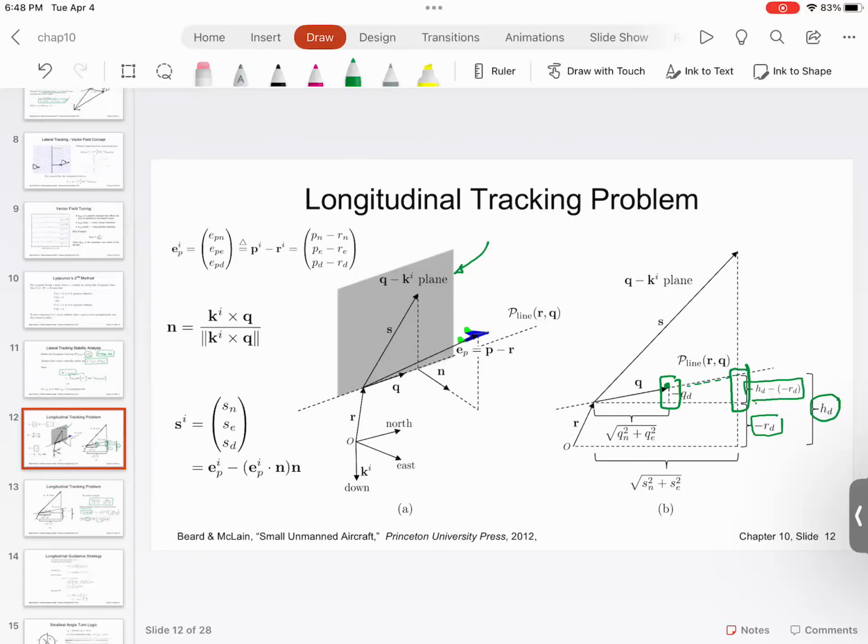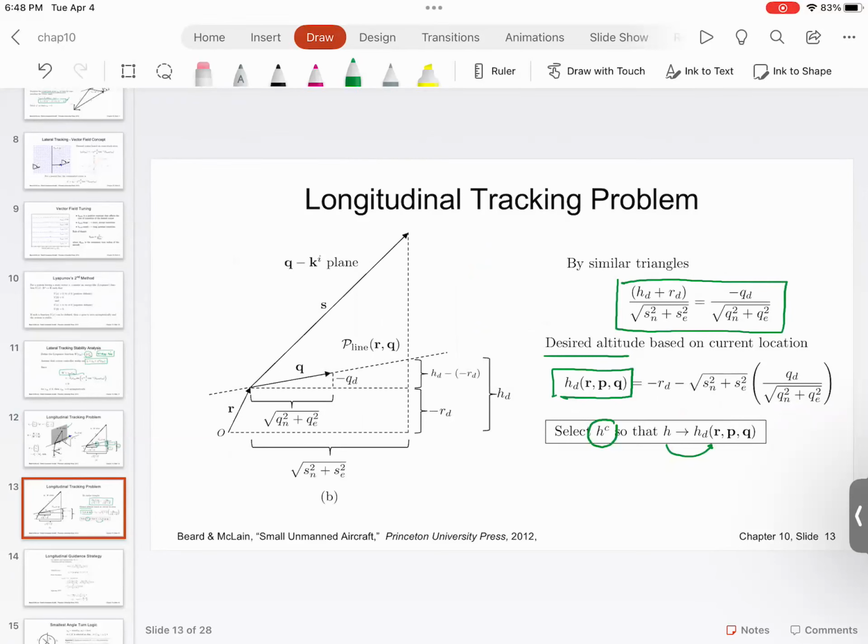Second is quantifying the magnitudes that we want to control and the magnitudes that we actually know. The desired altitude equation relates the quantities that depend on the current state of the UAV, and we are trying to calculate the desired state of the UAV.